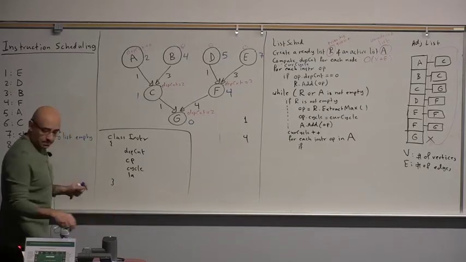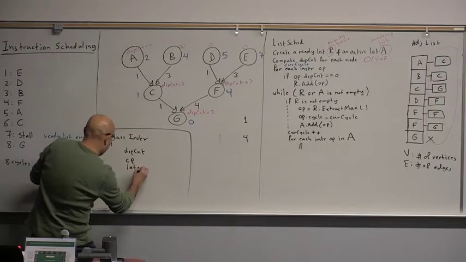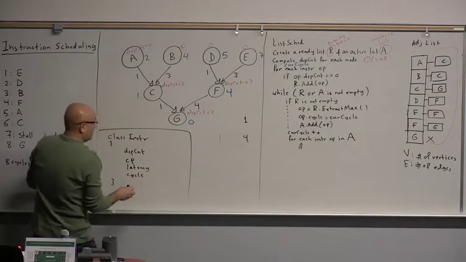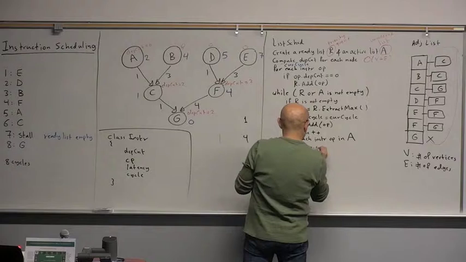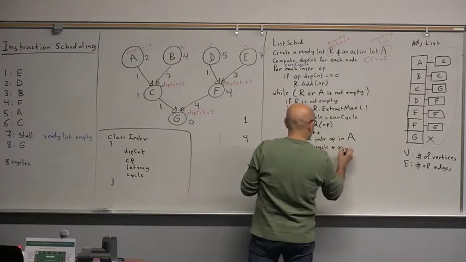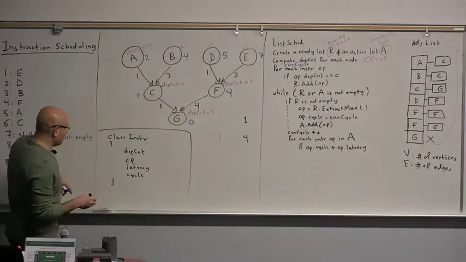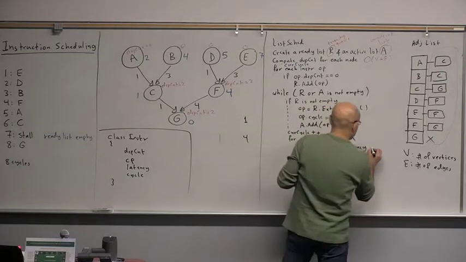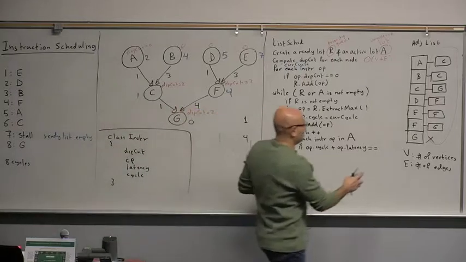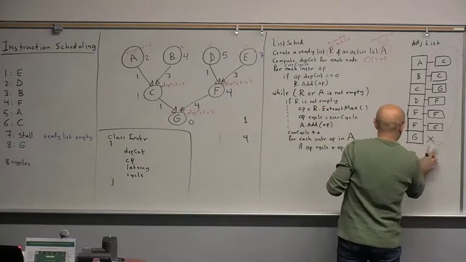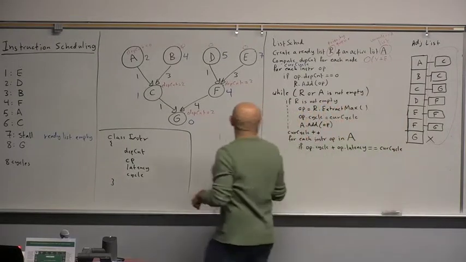So I'll just put the latency before the cycle. So if op dot cycle plus op dot latency, the cycle for op plus the latency for op equals what? Current cycle, exactly. Equals current cycle, then this is done.